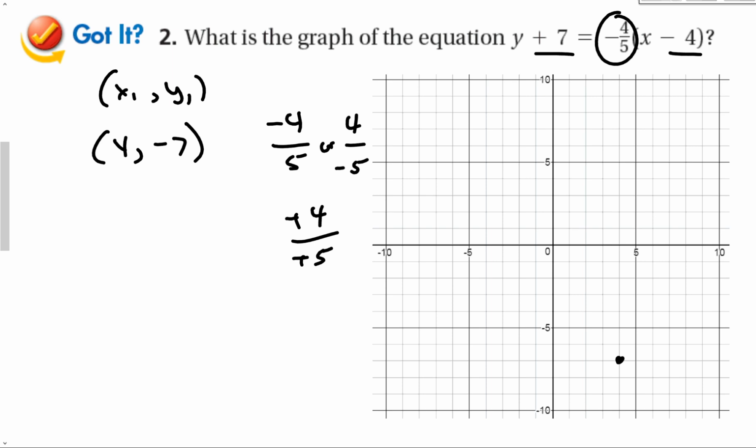Because I can't really go down 4 without going off the graph, let's go up 4, 1, 2, 3, 4, and then left 5, 1, 2, 3, 4, 5. And you can see that my line is going down, which is what I expect from something that has a negative slope.